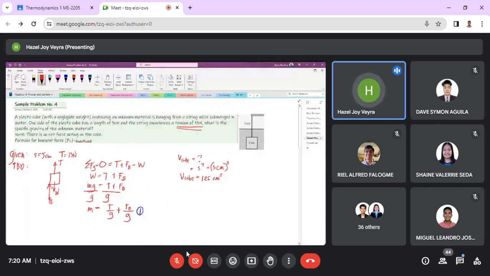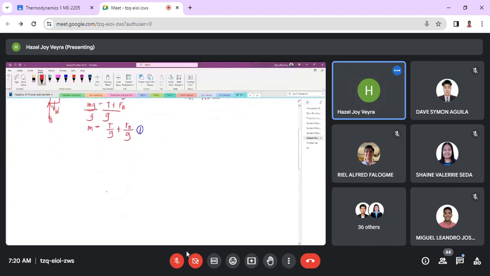So now, let's use the formula for the buoyant force, no? So solving for the buoyant force, since we already have the volume, we have the formula density of the fluid, so this is H2O, times volume of the cube times the gravity.